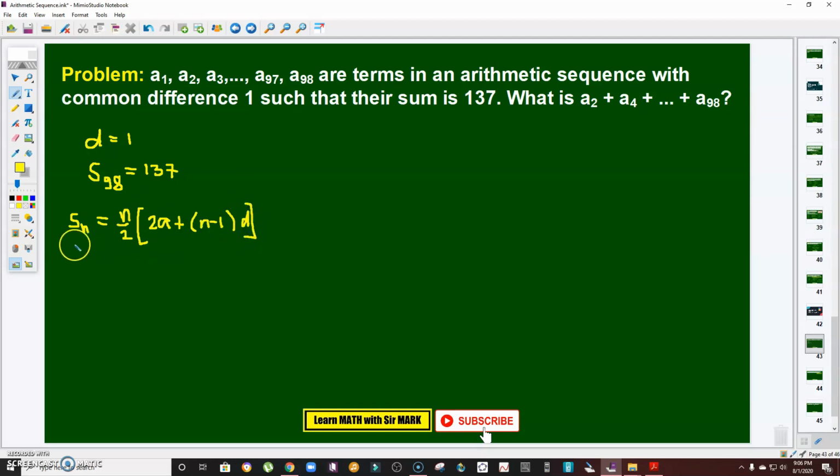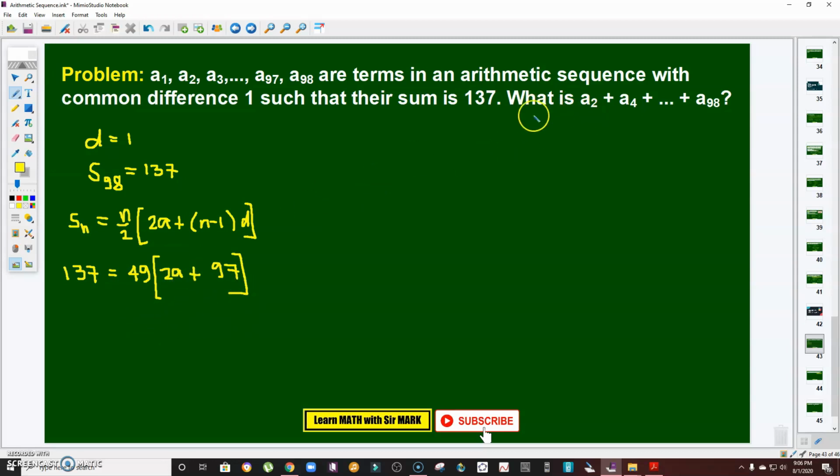Since what we have is S sub 98, that's 137, so 137 equals n over 2, which is 98 over 2, that will be 49, times 2a plus 98 minus 1, that will be 97, times the common difference, which is 1. So I have here an equation with a as my unknown. Let's stop here for now.